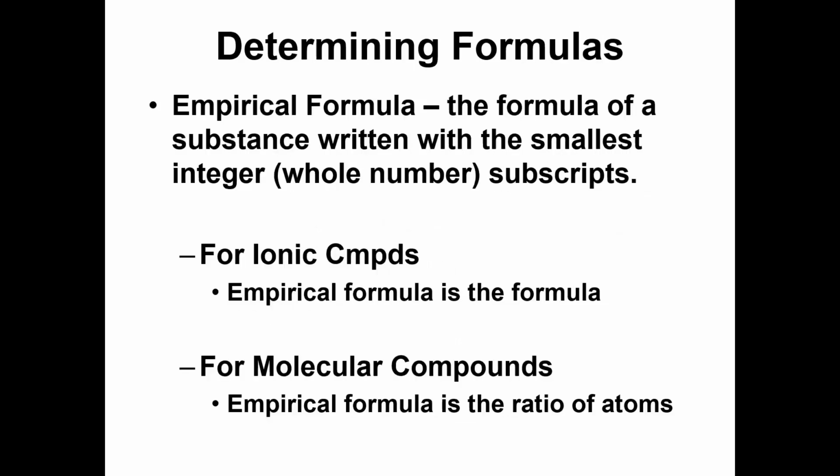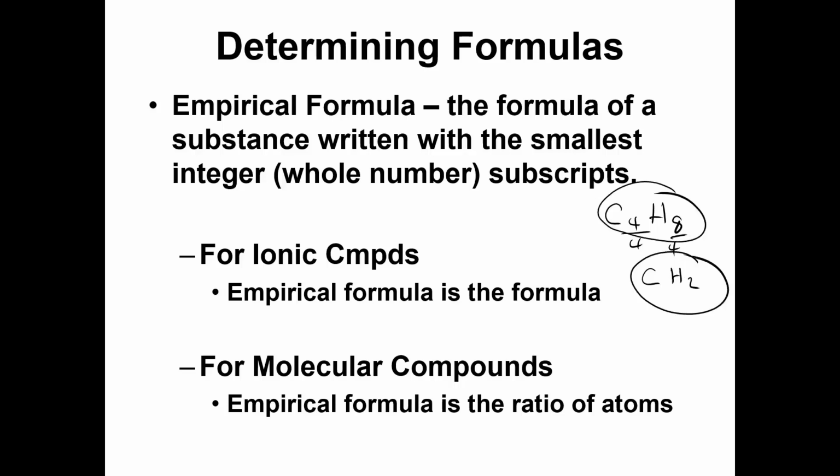Okay? So now we can do some neat little problems determining the empirical formula with percentages and the molecular formula. Just as a reminder, we already know what that is. For molecular compounds, it's the smallest ratio. We had an example of C4H8 where there's a common factor, so the molecular formula is C4H8 and the empirical formula is CH2, and the percentage for both of those is the same.